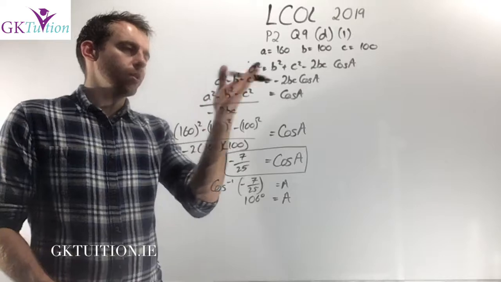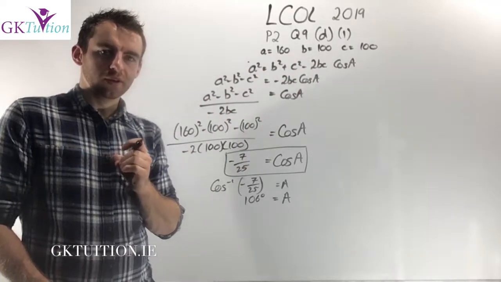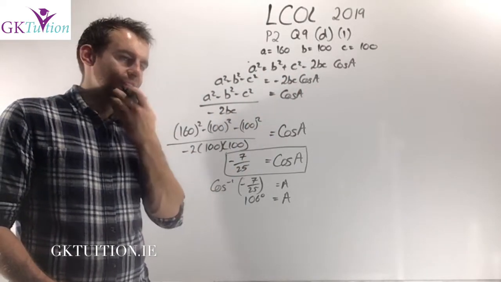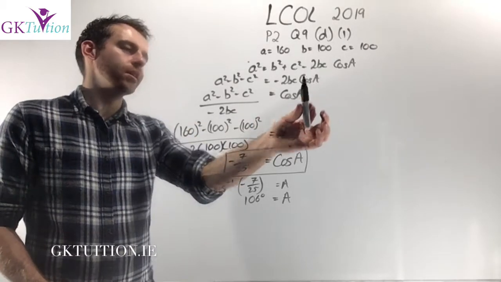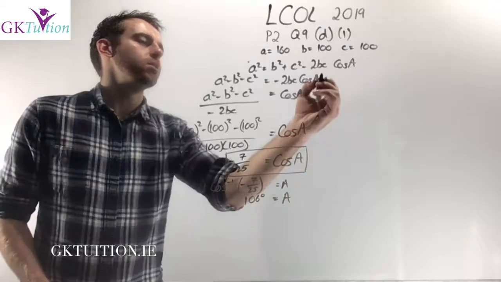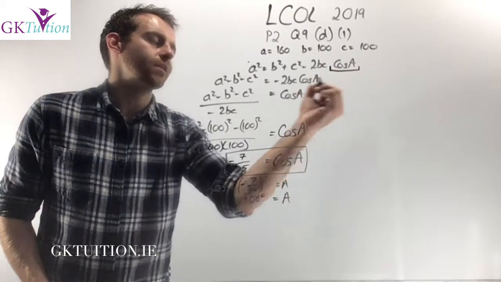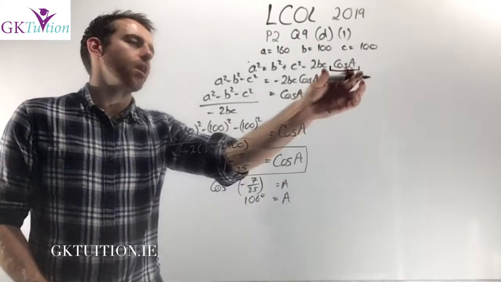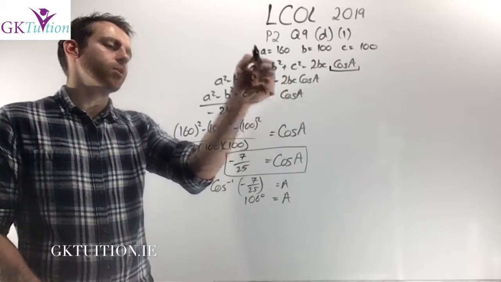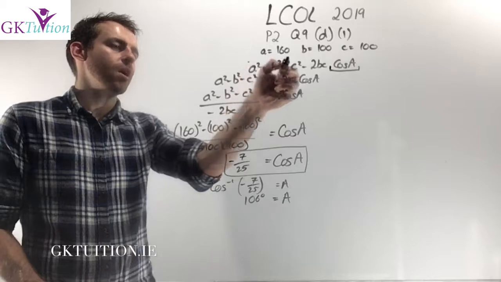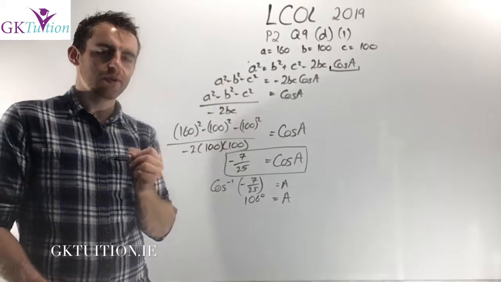Now, if you're using the cosine rule in order to find the angle, the easiest way to do it is to manipulate the formula before you sub in. So you'll notice here that I didn't sub in on the next line. What I want to do is isolate cos A before I sub in. So I brought the b squared across and it became negative. I brought the c squared across and it became negative.